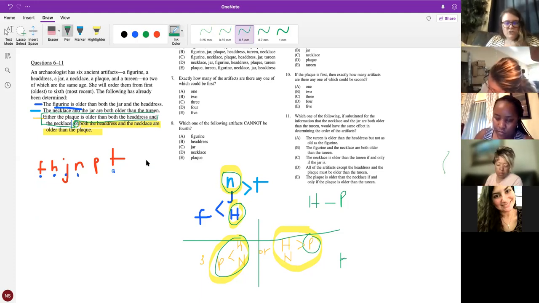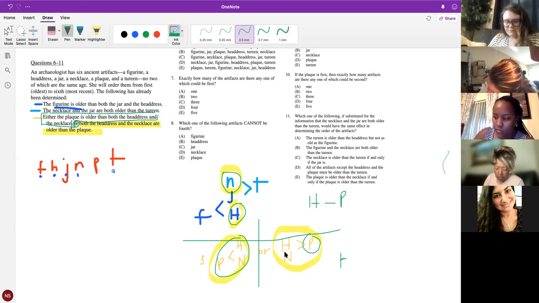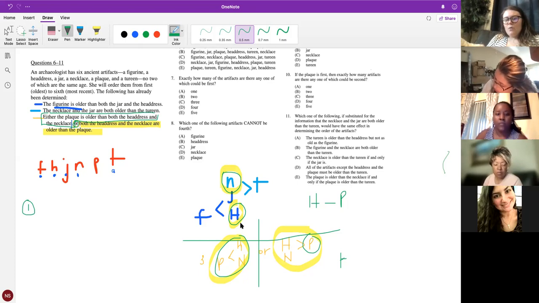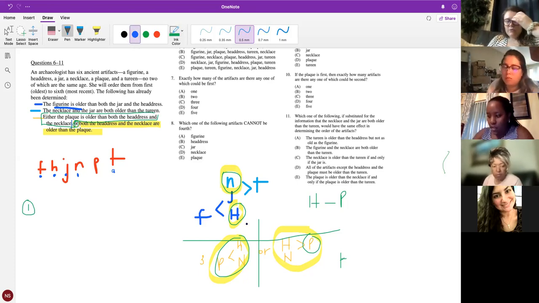But my first reaction is to automatically create two scenarios here. And what I'm going to do for the first one is I'm going to put P before H and N. And so what I have to do here is make it so it works with my diagram.